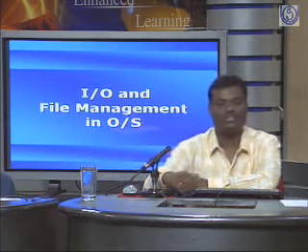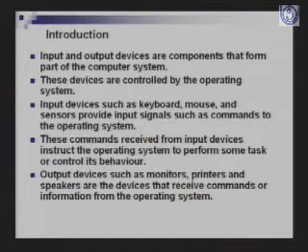Input and output devices are components that form part of the computer system. These devices are to be controlled by the operating system. Whenever input devices like the keyboard, mouse, sensors, barcoders, etc. are there, they will send certain signals which need to be understood by the operating system, and it should perform accordingly.